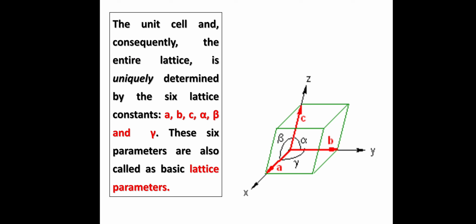So the lattice constants are in total 6: the vectors along x, y, z directions, and the angles between the three planes, represented as alpha, beta, gamma, which are known as interfacial angles. Together these three vectors and these three interfacial angles, very important, are known as lattice parameters.